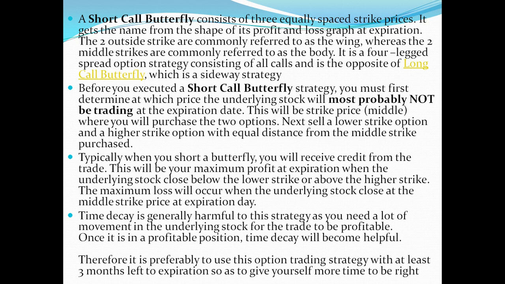Once it is in a profitable position, time decay will be helpful. Therefore, it is preferable to use this option strategy with at least 3 months left to expiry, so you give yourself more time to be right. This is a special comment you must consider.